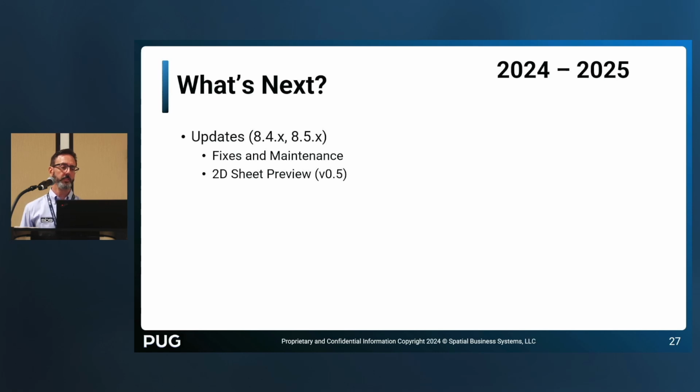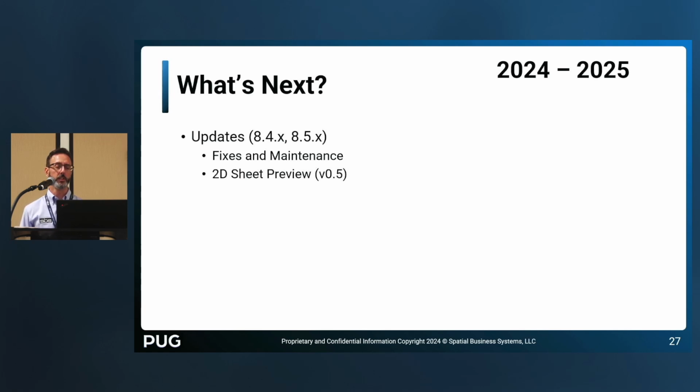So the 8.4 and 8.5 releases will undoubtedly be getting fixes and maintenance, right? But we're also looking at a preview of a new function that will be coming in the next major release. We want to put this out as a preview because we really think it's going to be a highly useful function, and we want to get feedback on it as soon as possible. And we have some folks out there that really could be using this today, right?